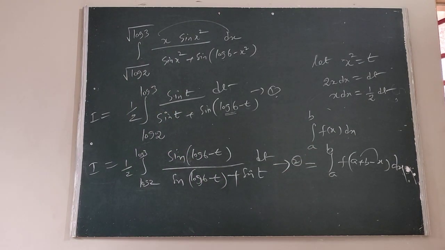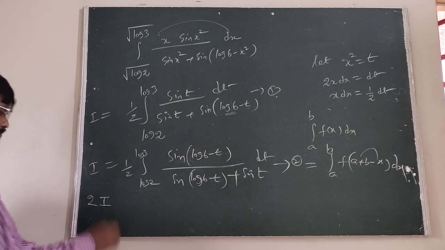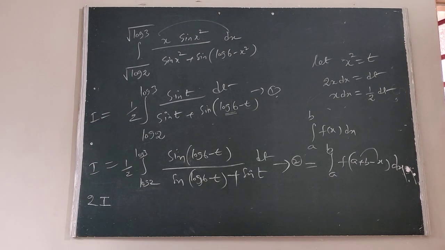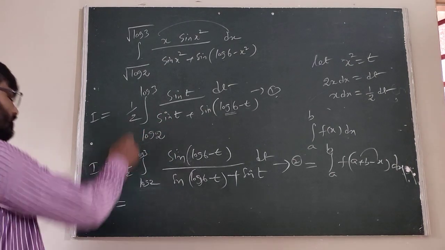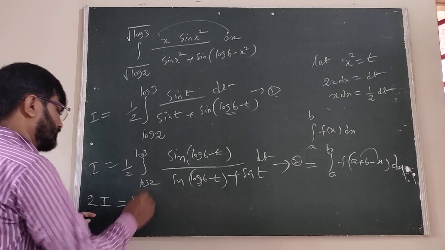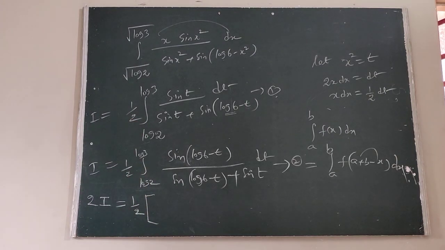Now I plus I is 2I. Is it clear? I plus I is 2I. When adding, 1 by 2 is common.